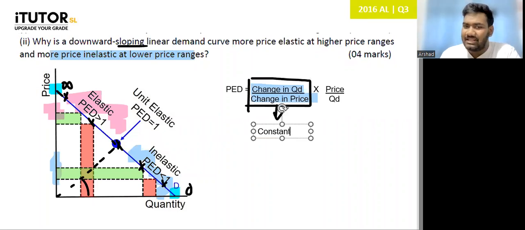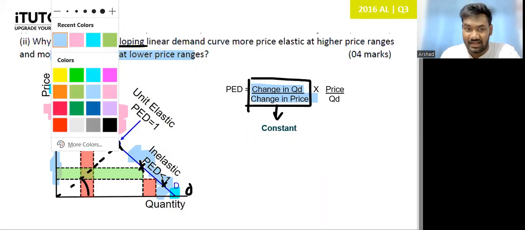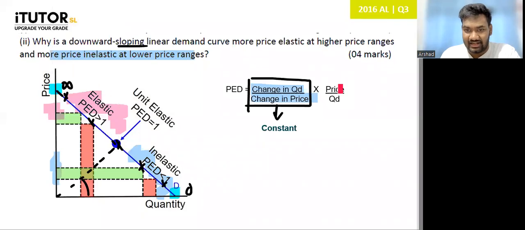So what does that mean? That means the value of the PED changes because this is changing. This second component, I'll highlight it in, let's say, red. Because this is changing, this price to quantity ratio. What do we call this? The price to quantity ratio.